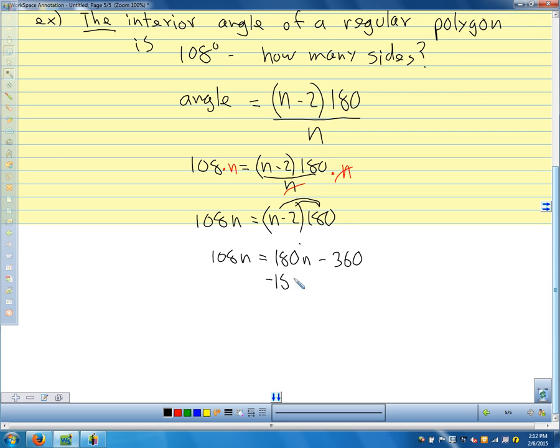I'm going to subtract 180n. 108n minus 180n is negative 72n, and I get a minus 360. So I get a negative here and a negative here. Divide by negative 72, and n equals 5. So this regular polygon would be a pentagon. One interior angle in a pentagon is 108 degrees.